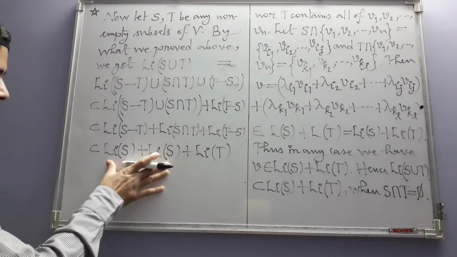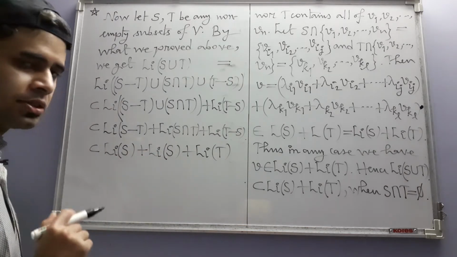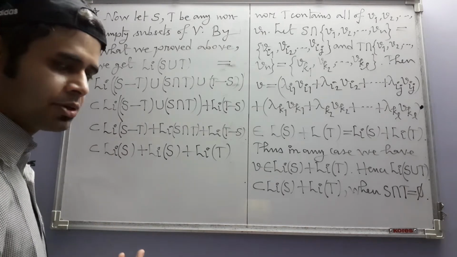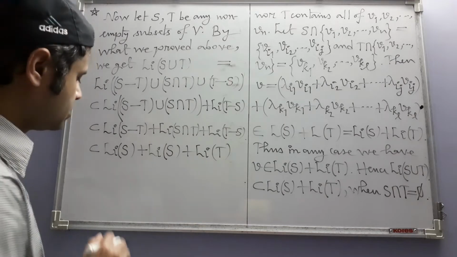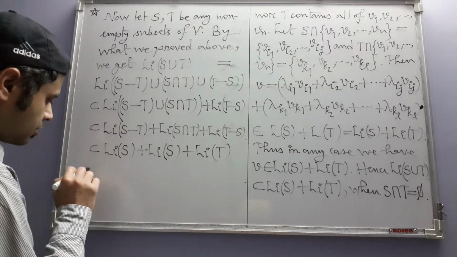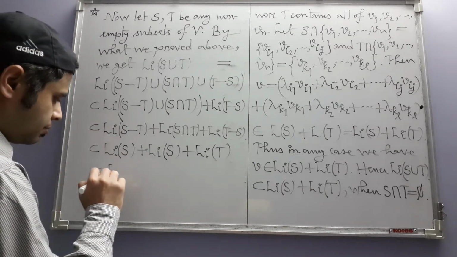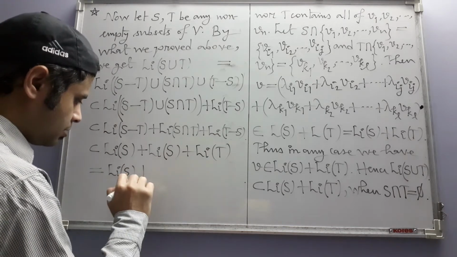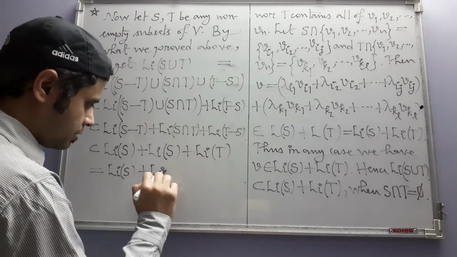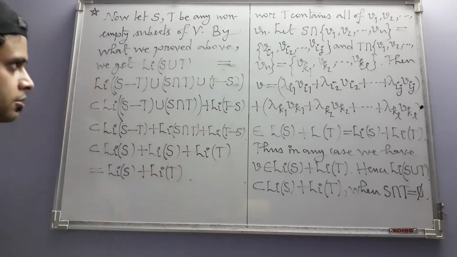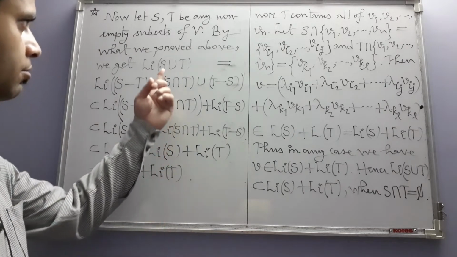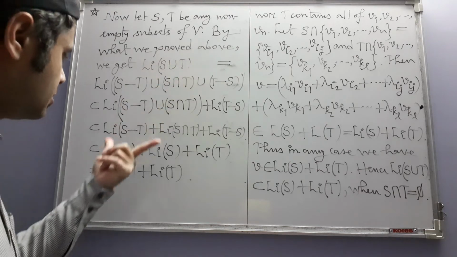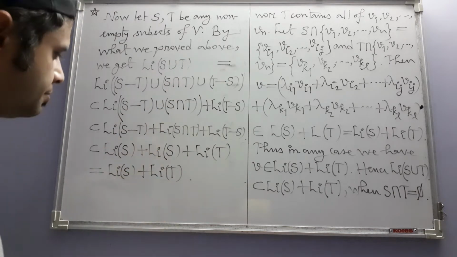Now here we are adding a vector space with itself, because after all Li of S is a subspace of V, so it is a vector space itself. So this will be equal to Li of S, these two things, and the last one is Li of T. So in this general case also, where S and T are not necessarily disjoint, we have proved that this is a subset of this.